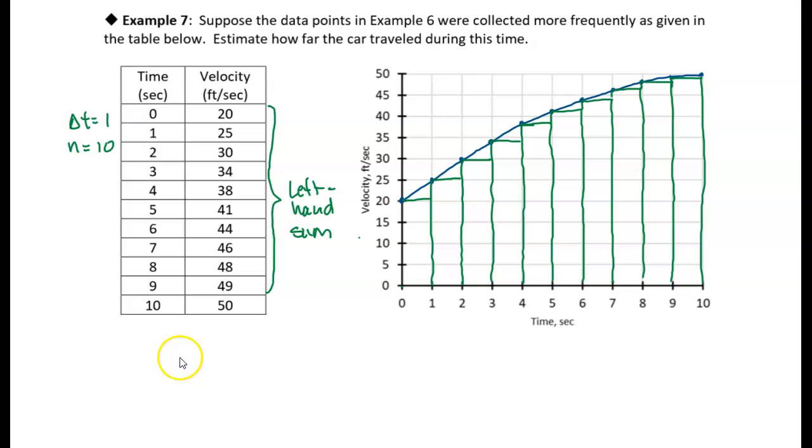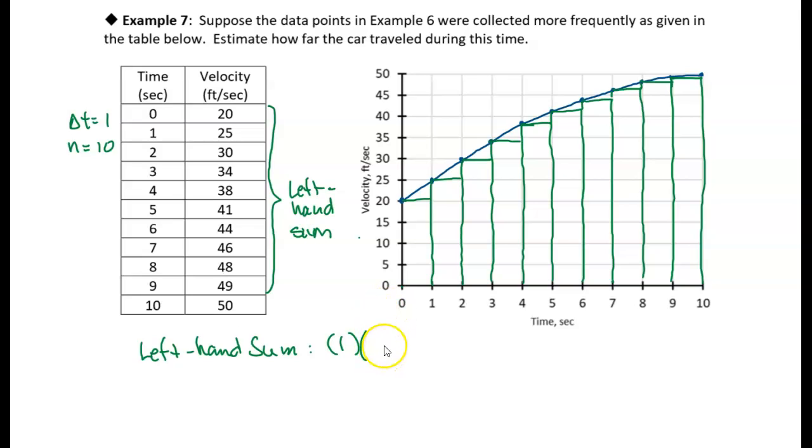All right, so let's compute that left-hand sum. Now I can just factor out the 1, right? They're each a width of 1, so each interval is going to be something times 1.